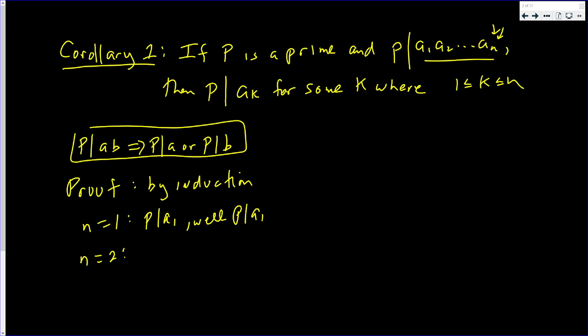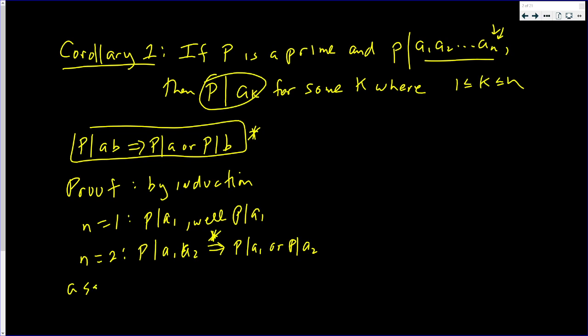If n is equal to 2, that is P divides A1 A2, that implies by the previous theorem that P divides A1 or P divides A2. And I just want to show that P divides at least one of them.